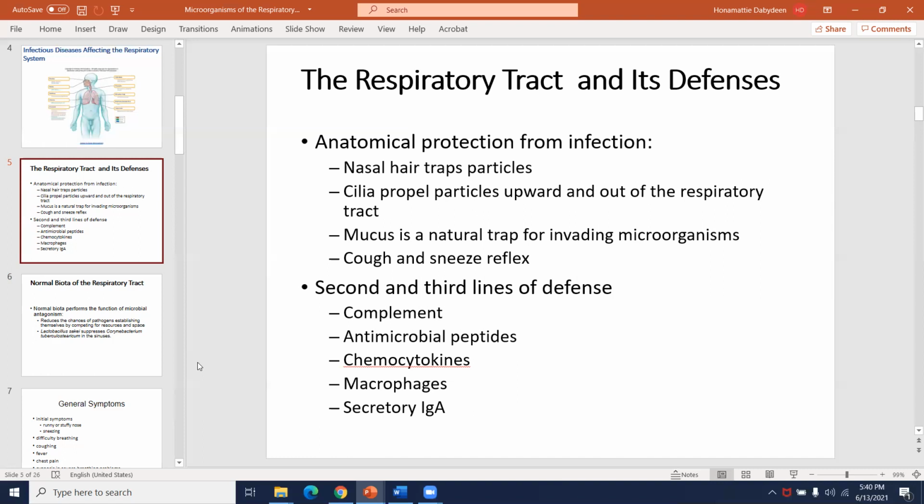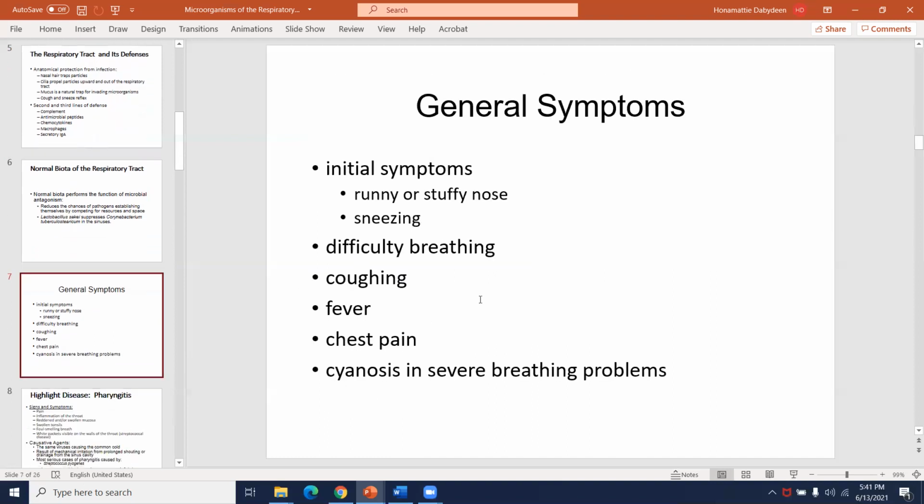All right. So we did, I think, the anatomy, how you acquire your defenses, and some general symptoms of respiratory diseases, initial symptoms, the runny, stuffy nose, the coughing, the sneezing. And when I say coughing and sneezing initially, that's because of the organisms being trapped in the mucus, which will trigger the coughing and the sneezing reflex.